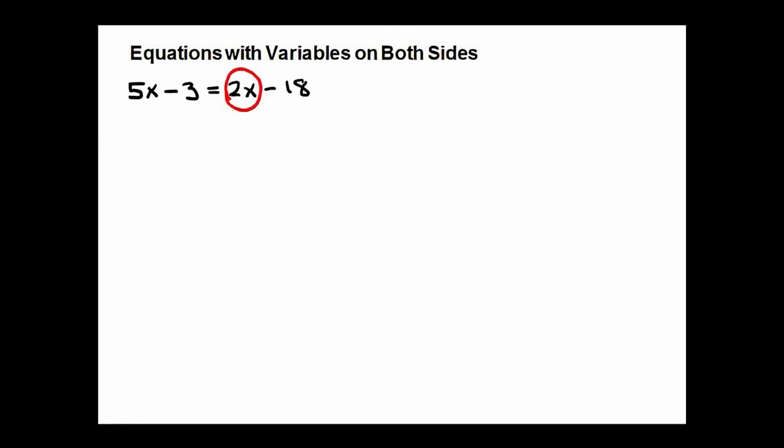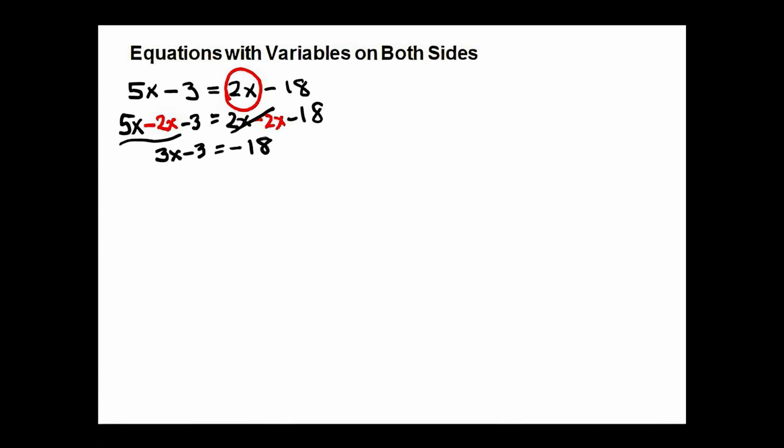It's a positive 2x, so to get rid of it, I will need to subtract it from both sides. We'll cancel on the right-hand side, and on the left-hand side, 5x minus 2x gives us 3x.